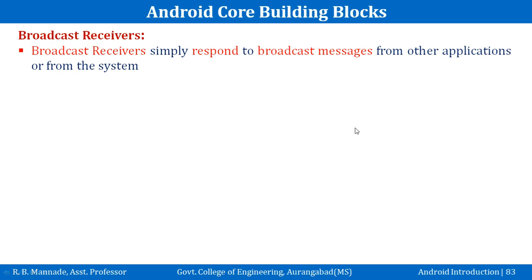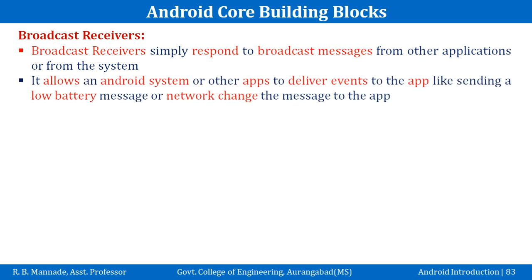Okay. So, the task of a broadcast receiver is to receive particular broadcasted messages. This message may be from applications or it may be from the operating system. Then the broadcast receiver permits the Android operating system or other user defined applications to deliver events to the applications, like sending a low battery notification or a network change notification, or sometimes a system reboot or restart.